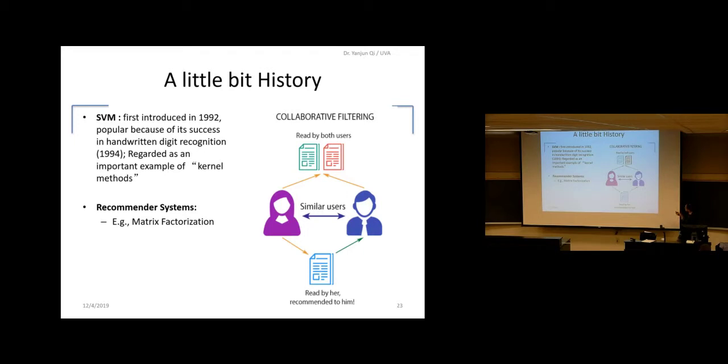This new user is very similar to some existing user, so she already read maybe this new article, and we recommend this new article to him too. So the whole idea is based on analogy and similarity: item similarity, article similarity, product similarity, user similarity. It's all related to similarity. If you think about SVM and k-nearest neighbor, they're all using similar ideas, starting from the idea of similarities.